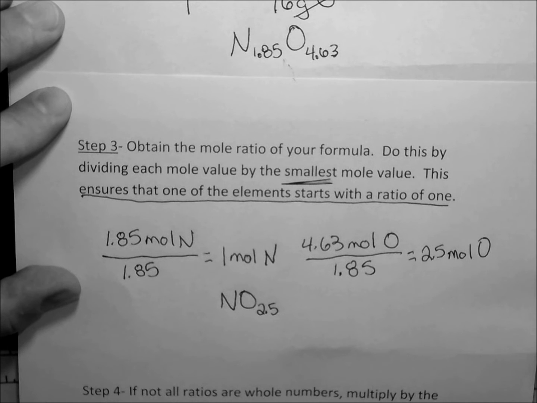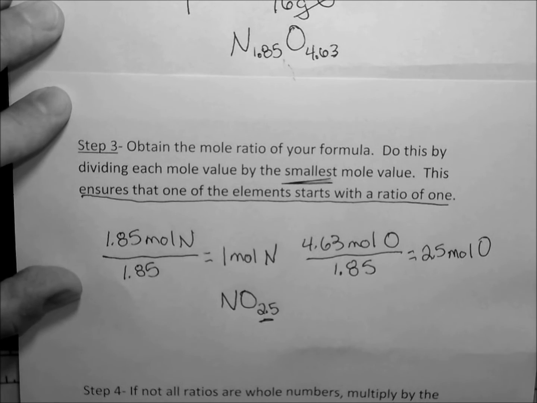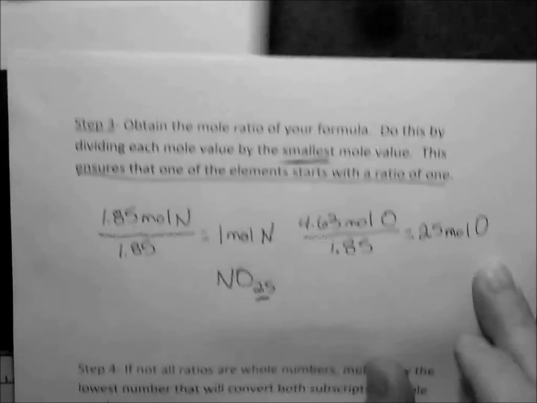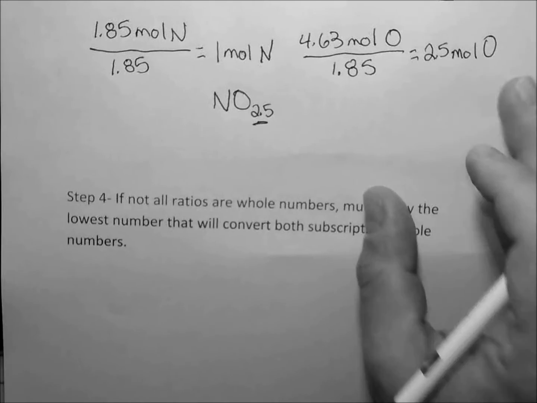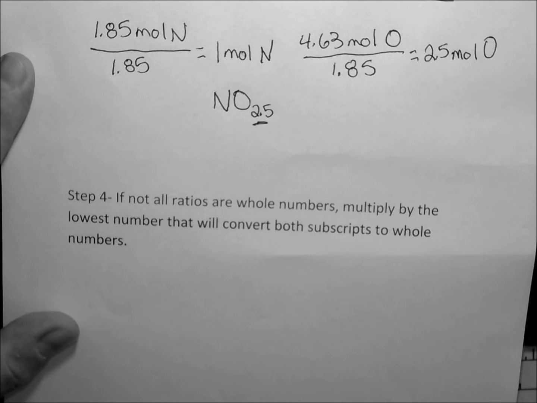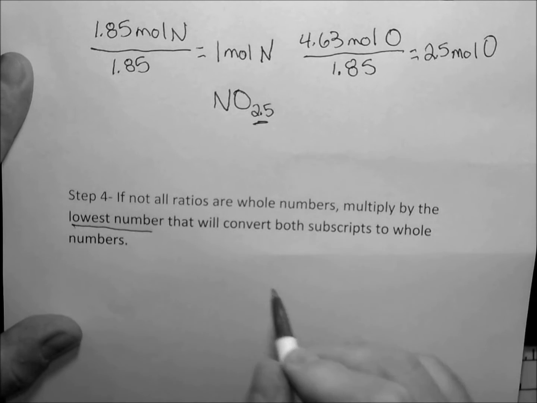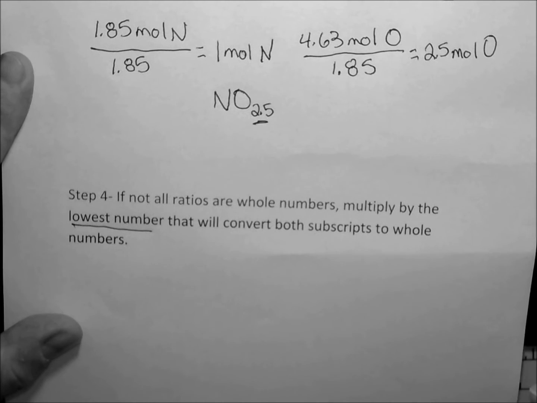But empirical formulas are the lowest whole number ratios. We don't like the 0.5 there. We want a whole number. So there's one more thing we have to do to convert this to an actual empirical formula. And that is step 4. If not all the ratios are whole numbers, multiply by the lowest number that will convert both to whole numbers.